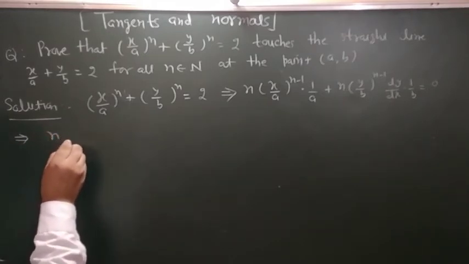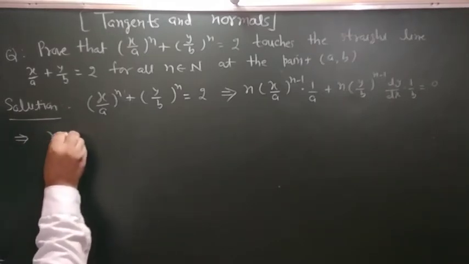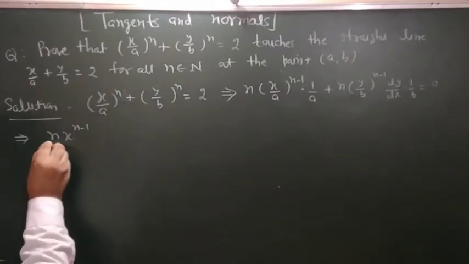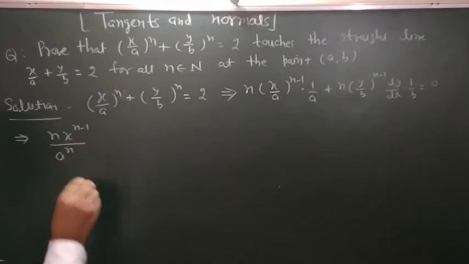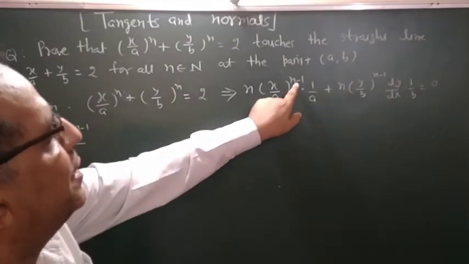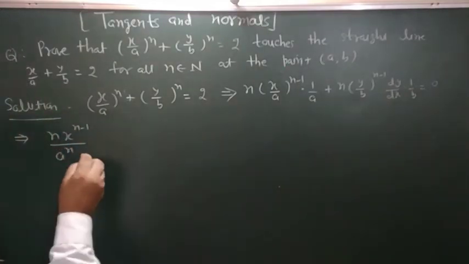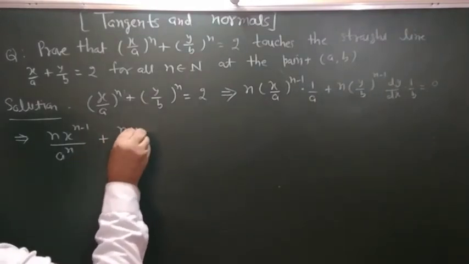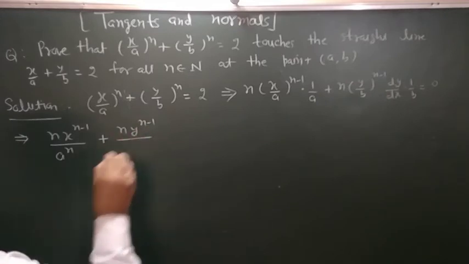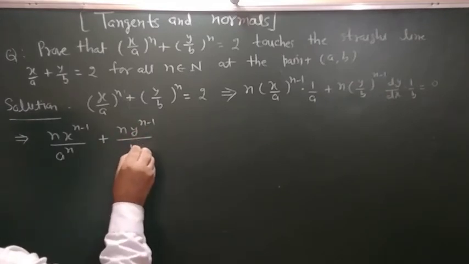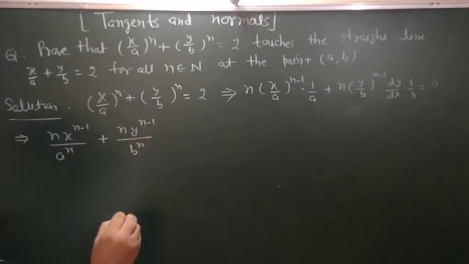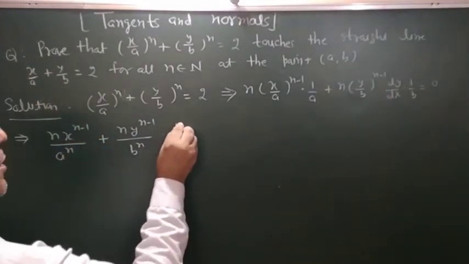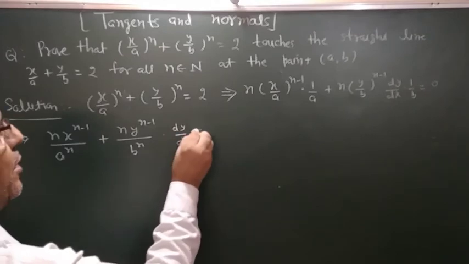Arrange these terms. So now we have n x^(n-1)/a^n, because a^(n-1) into a becomes a^n, plus n y^(n-1)/b^n into dy/dx equal to 0.